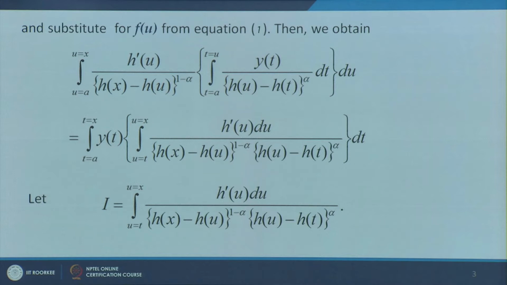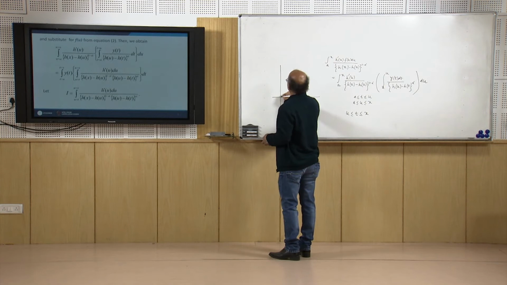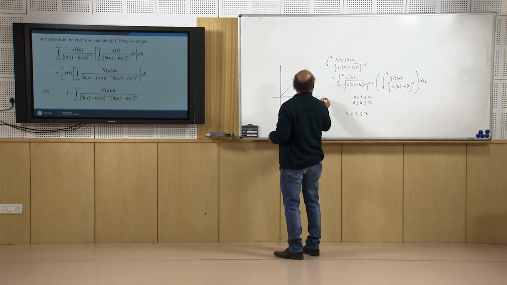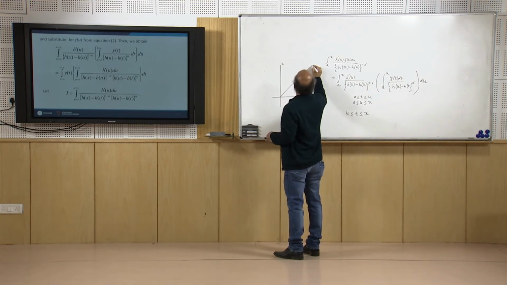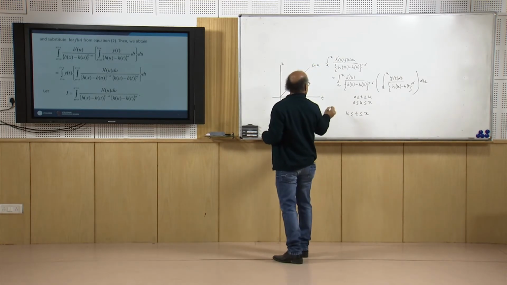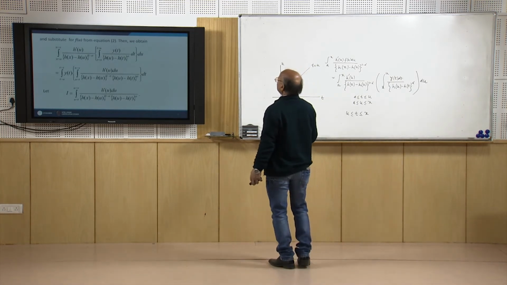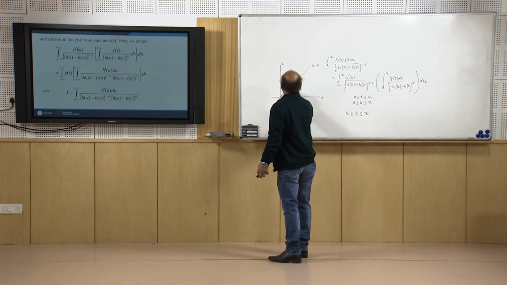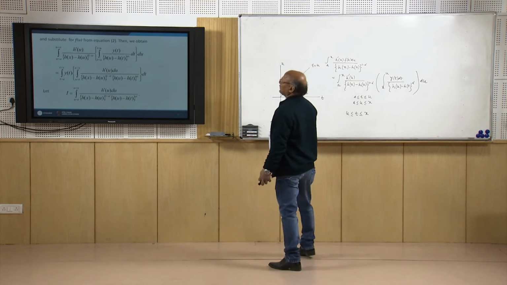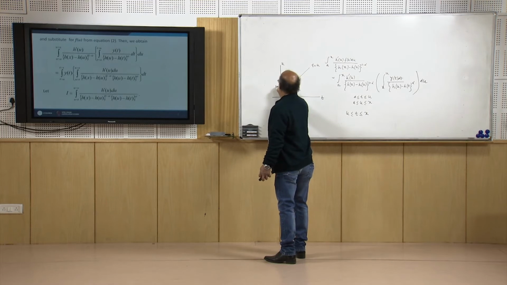Now let us change the order of integration here. So what we will do, a is less than or equal to t less than or equal to u, at t is equal to a here, and then u varies from a and u goes up to x. So u equal to a here and u equal to x here.